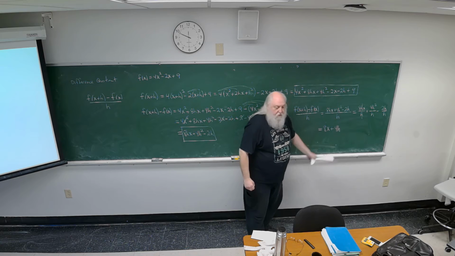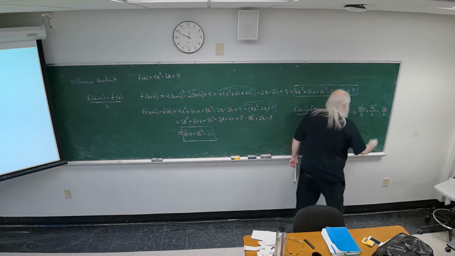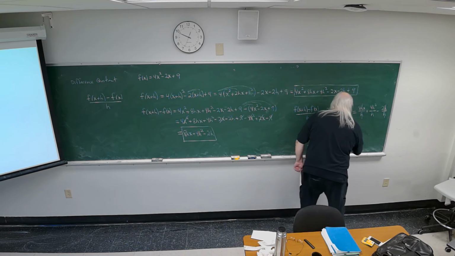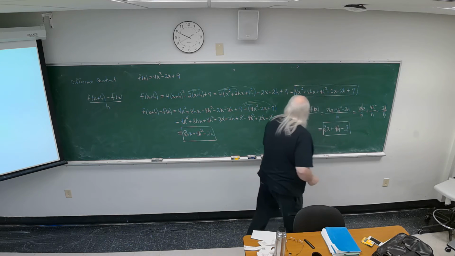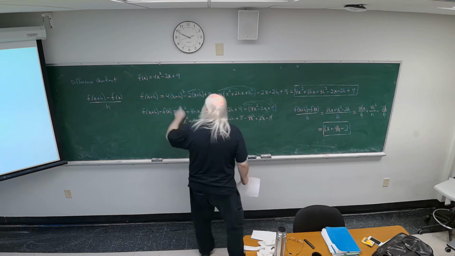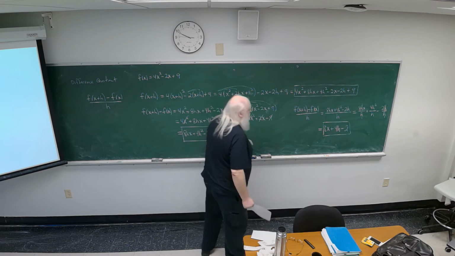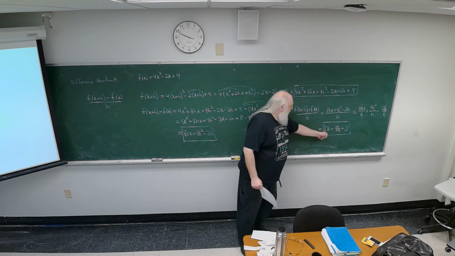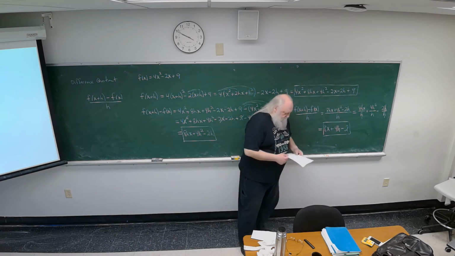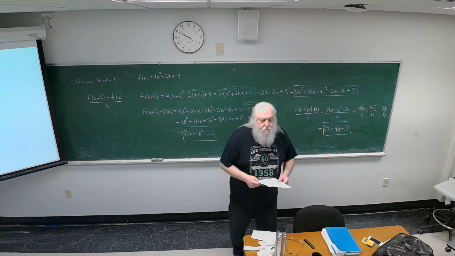And then in the third quotient, h is canceled. We're left with minus 2. So the difference quotient for this function, this quadratic function f of x, simplifies to 8x plus 4h minus 2.